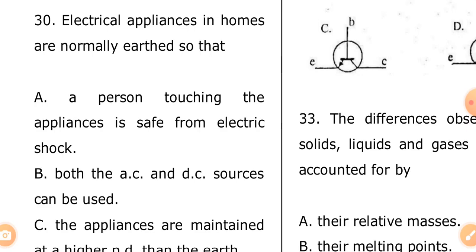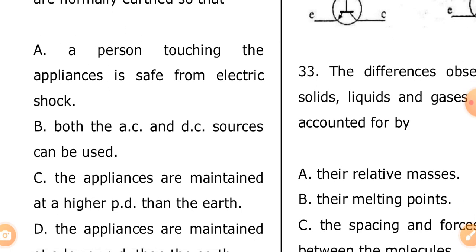Electrical appliances in homes are normally earthed. Most times in electric wiring, they put a wire and bury it in the ground. You must have noticed it. It could also be in your house. Why? Electrical appliances in homes are normally earthed so that dash.